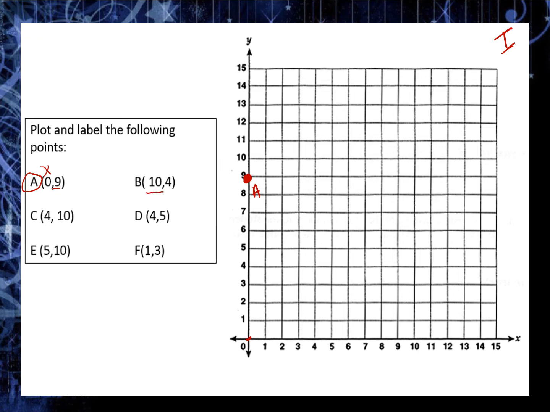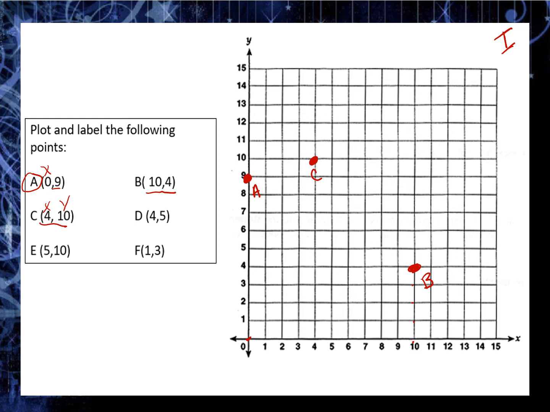Then B is over 10, up 4. So over 10, up 1, 2, 3, 4. Put B. C is over 4, up 10, X and Y. So over 4, up to 10.